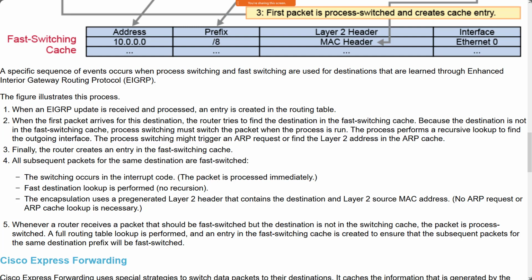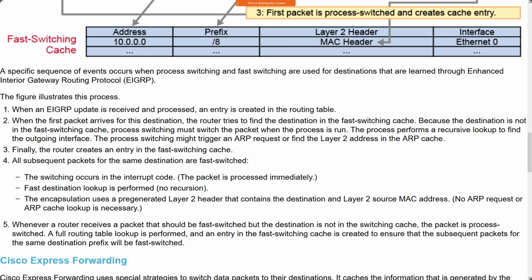And finally, once we've processed that packet and we trigger the whole routing process, that's when we create that entry in the fast switching cache, and then all subsequent datagrams that are part of that flow are going to be fast switched. All right.